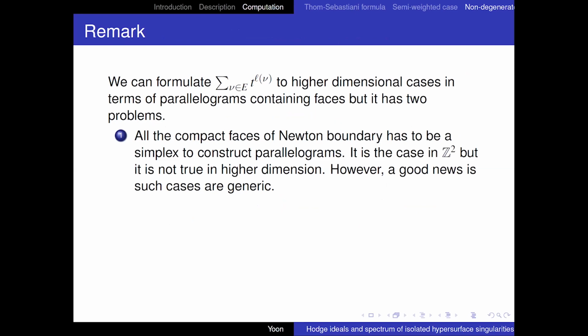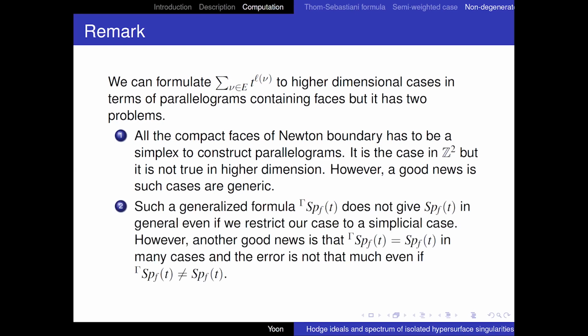But in three-dimensional cases, there are n-1 dimensional faces which are not triangles, so we cannot think of a parallelogram in that case.